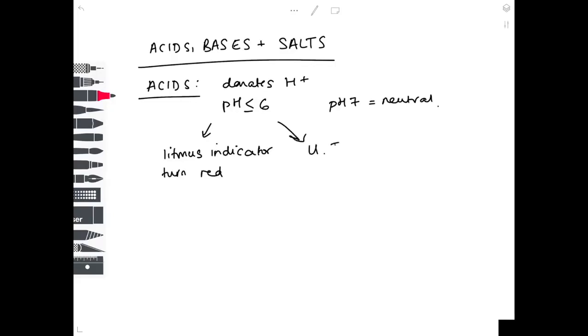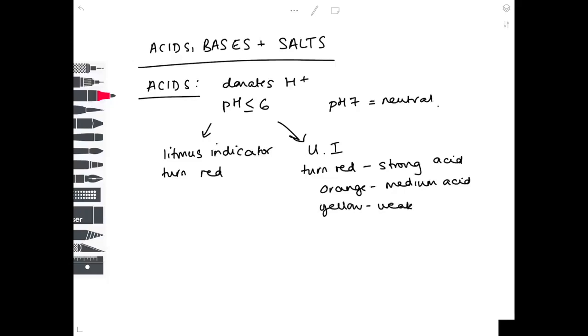Similarly, universal indicator will turn red in a strong acid, orange in a weaker acid like a medium acid, and yellow in a weak acid. You need to be very clear on the reactions, which I'm going to go into in more detail, but just to summarize here, if you have a metal and an acid, you produce a salt and hydrogen.